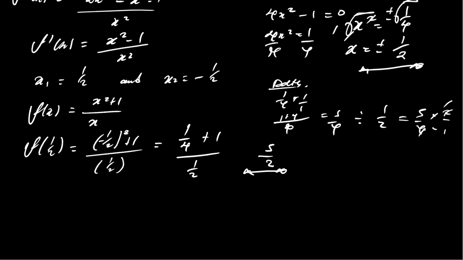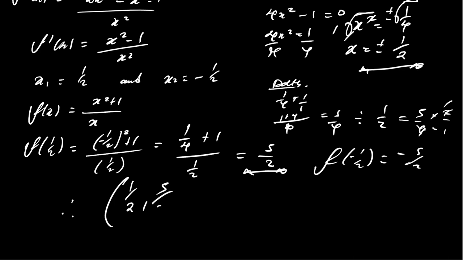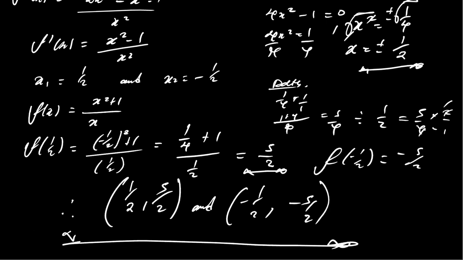So this implies that f at minus half will just be minus 5 over 2. The coordinates would be 1 over 2 comma 5 over 2, and minus half comma minus 5 over 2, and these are basically what we need.